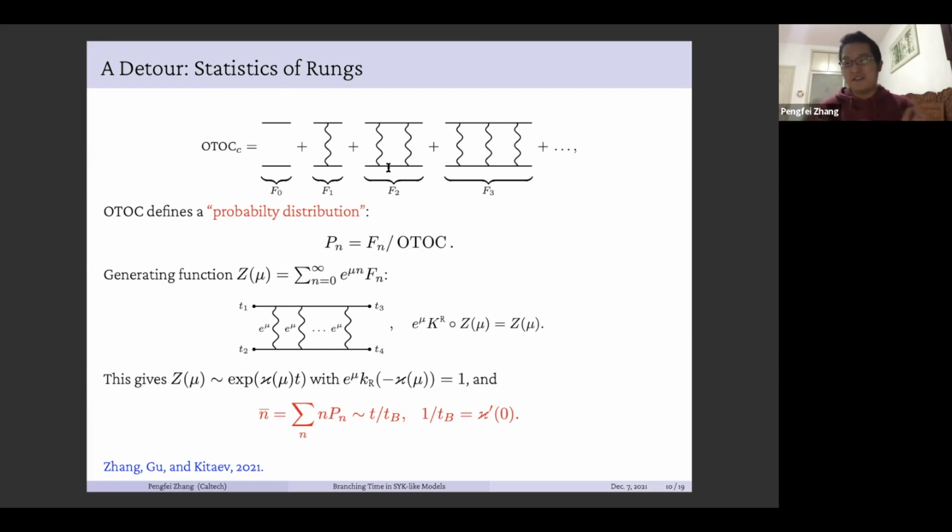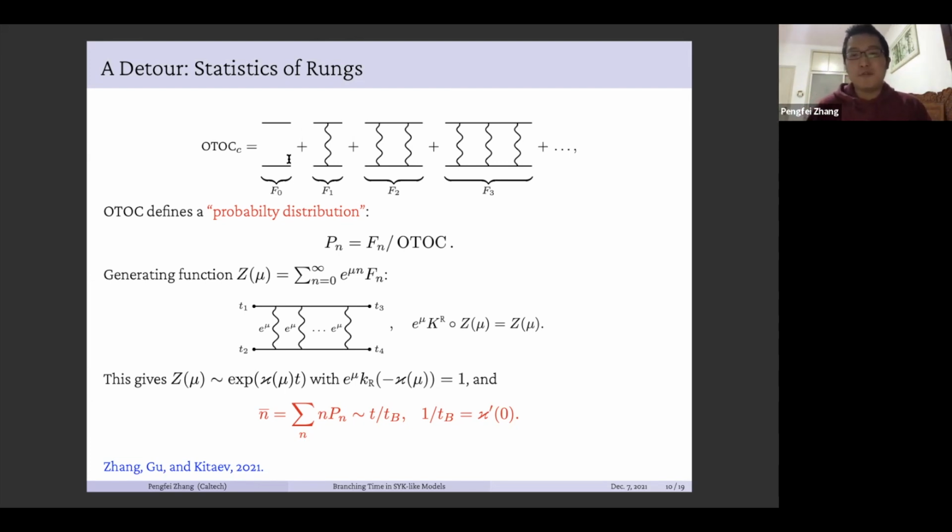So it's really like a pseudo probability distribution. We can use it to study the statistics of the number of rungs. To determine the cumulants of the number of rungs, we can define a generating function, which is just a summation over n with e to the mu n.